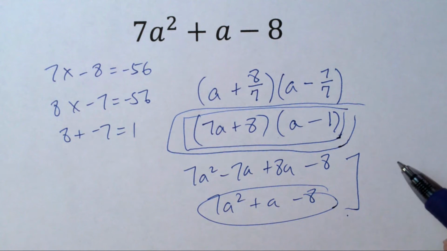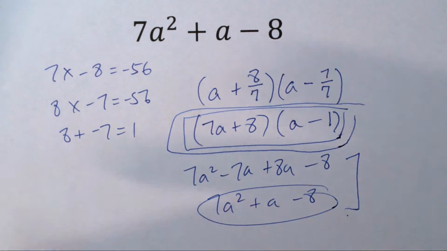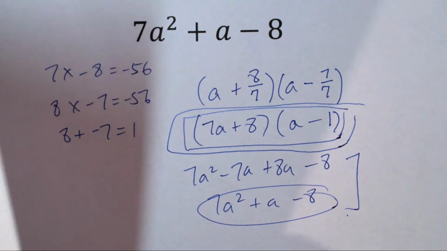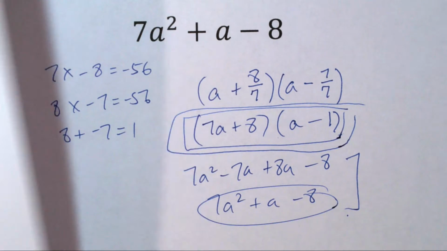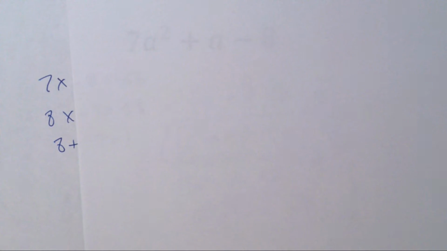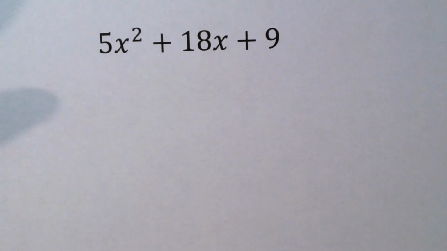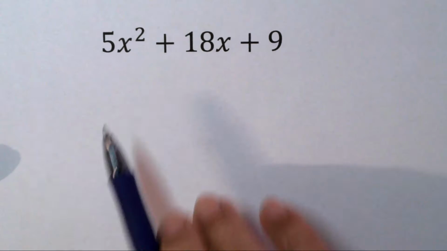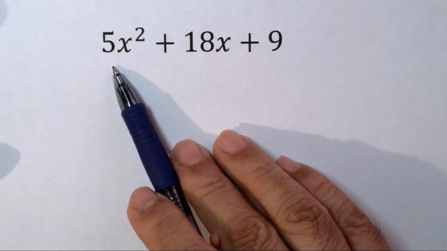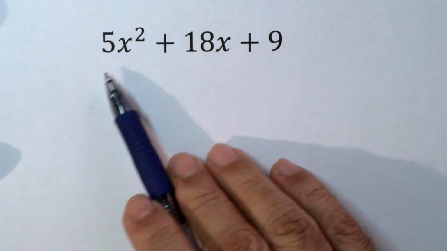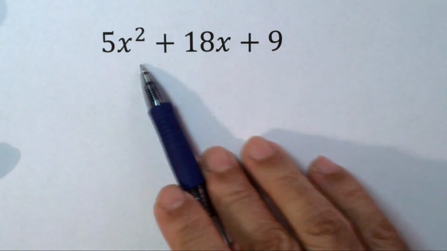Let's go on to the next example. First you want to check to see if a number will go into all 3 numbers here. 5 is not divisible into any of these, so we're going to just do that.